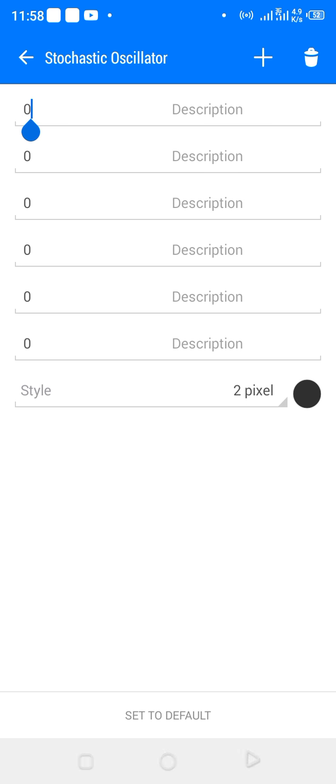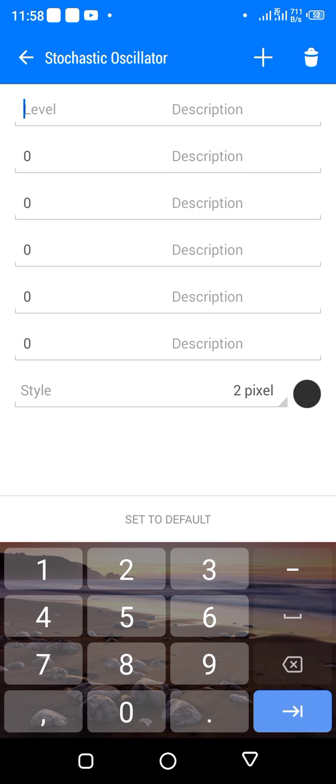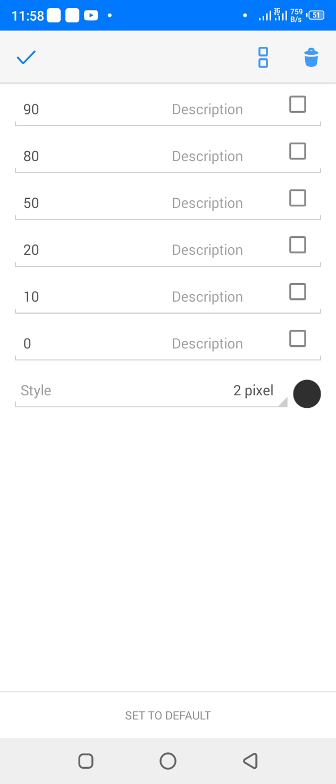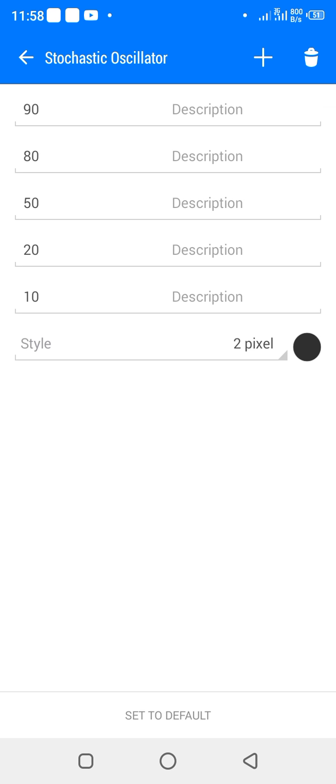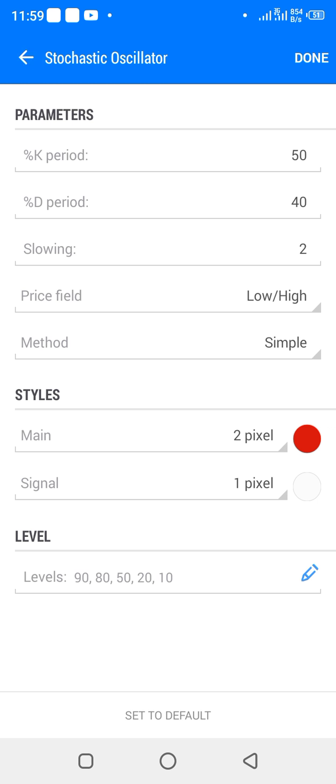So what are the numbers? You just set 90, 80, 50, 20, and then 10. There is no other one here, so you delete this one. You set it, the style is 2 pixels, and then you set your stochastic oscillator.